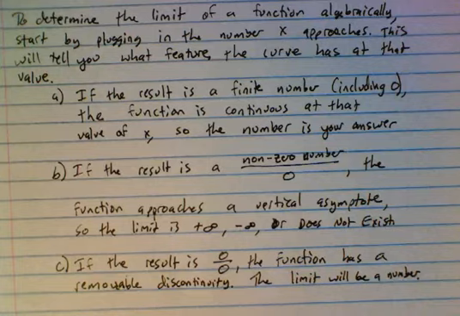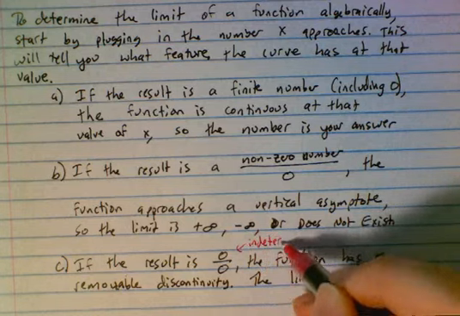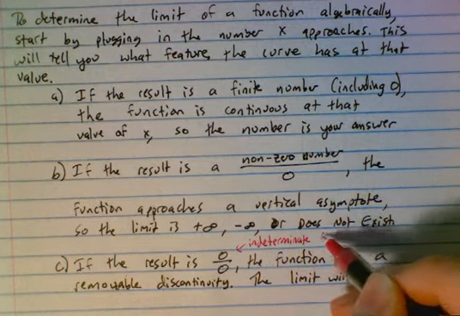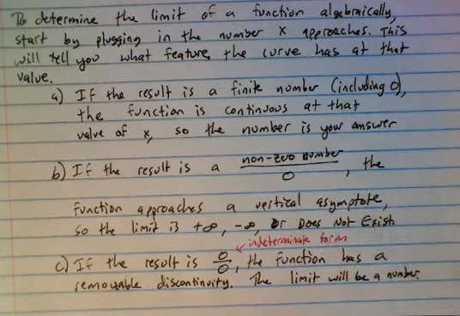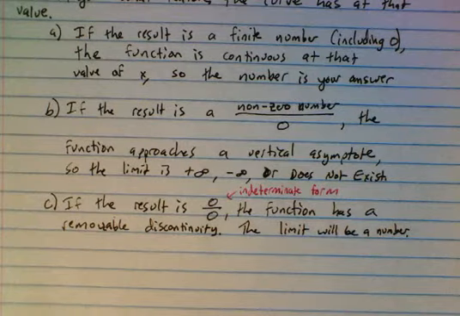This, by the way, is called the indeterminate form. Basically, it's just icky. We have to do some more playing with it, and we'll see how to do that in a while.